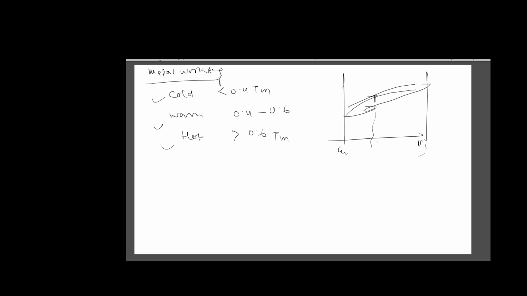Now what we have seen is that if we cool fast, then the percentage of nickel will be higher at the core and lesser at the surface, and because of this the melting point will be different. And upon hot working, this core will remain solid because the melting point is higher, and the surface of these grains will become liquid.